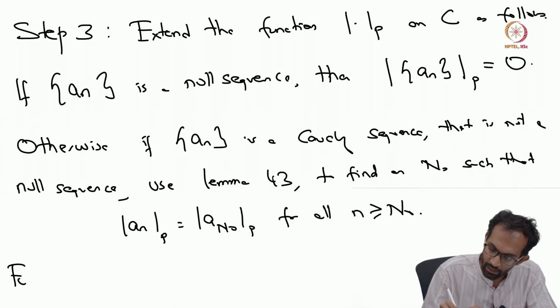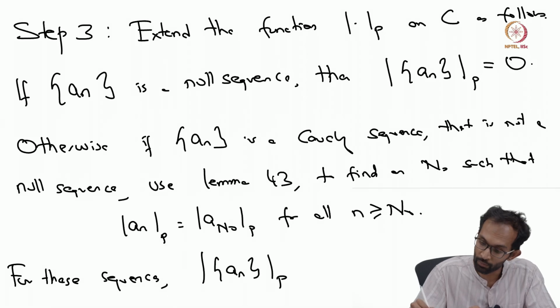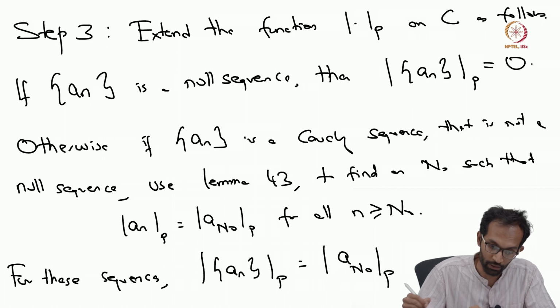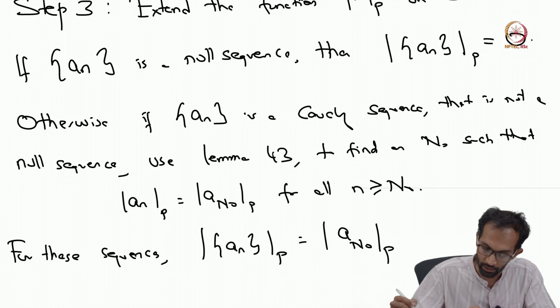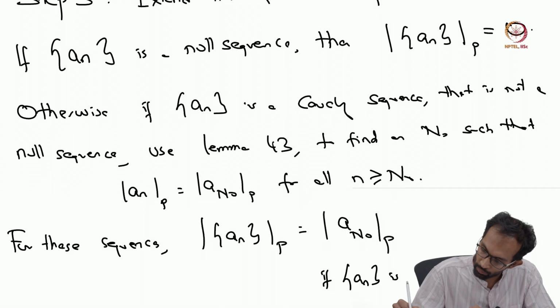For these sequences, which are Cauchy but not null, you define the p-adic absolute value of the sequence to be the p-adic absolute value of a_{n_0}. So this is what you do if the sequence a_n is Cauchy but not null.